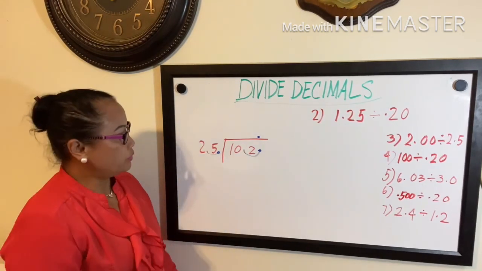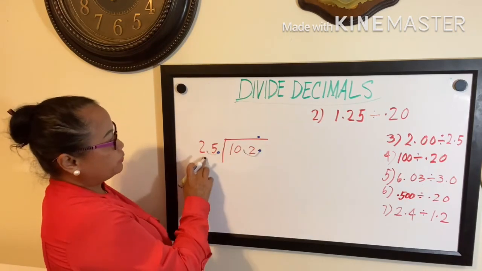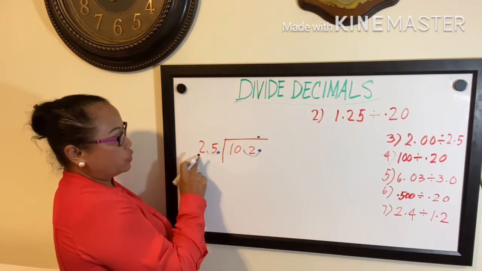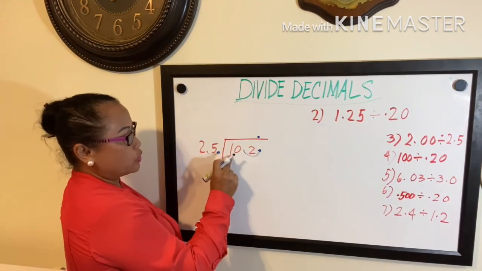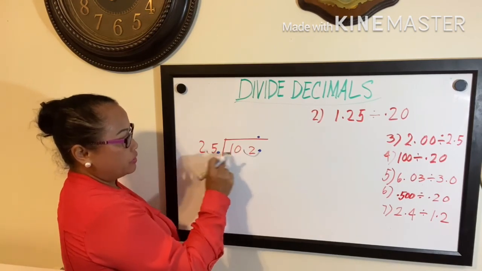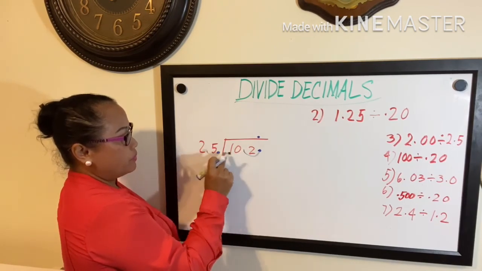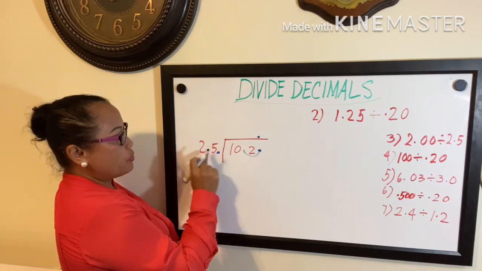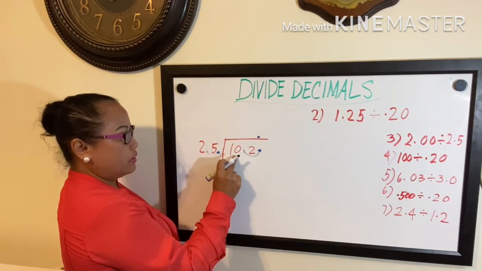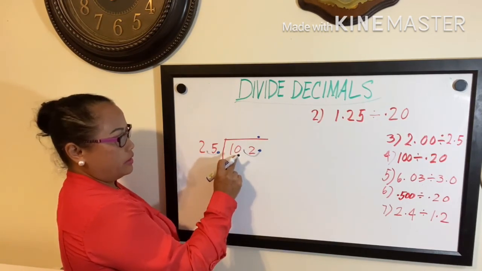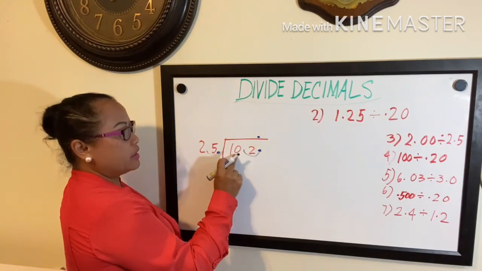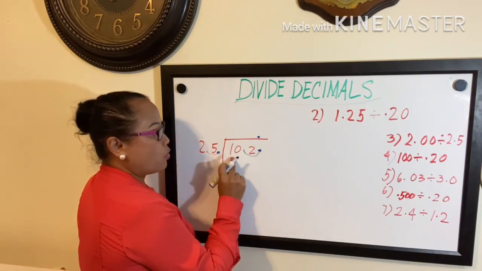Okay, so now we have two numbers in here, 25. Then we will also partner here, 25, 10. So how many 25 goes to 10? None. So if there's none, we'll move 102.